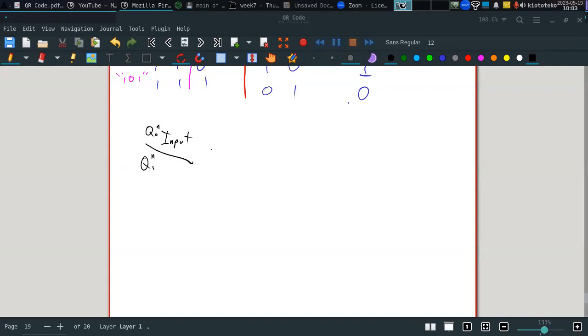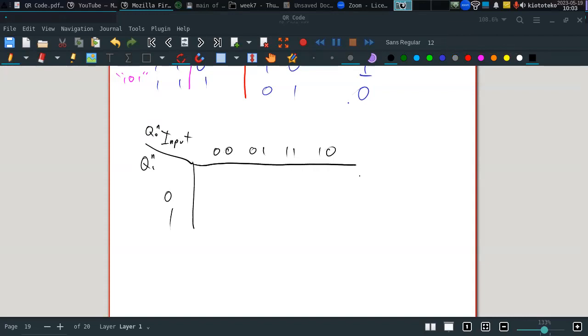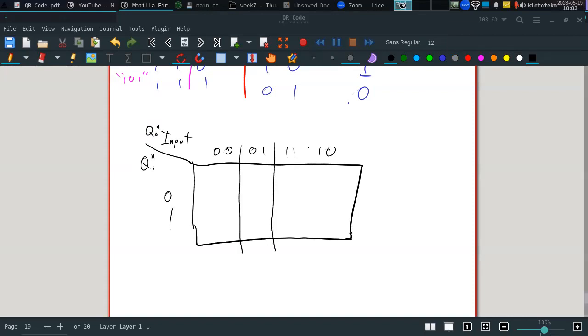And this is 0, 0, 0, 1, 1, 1, 1, 0, and this is 0, 1. So let's enumerate it: 0, 1, 3, 2, 4, 5, 7, 6. And let's see, we check the minterms here.